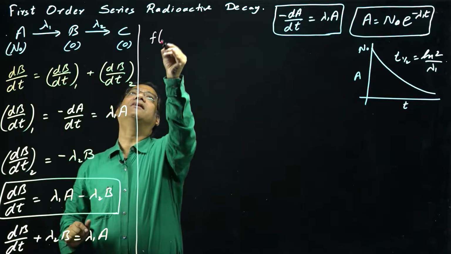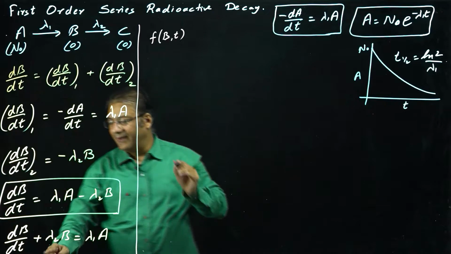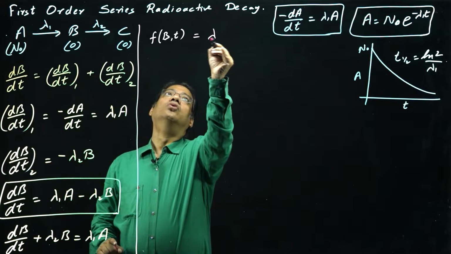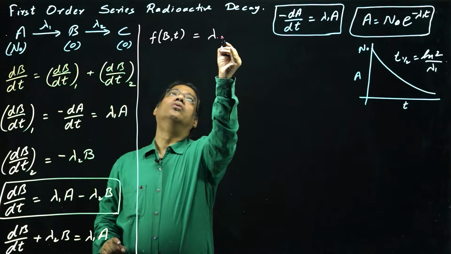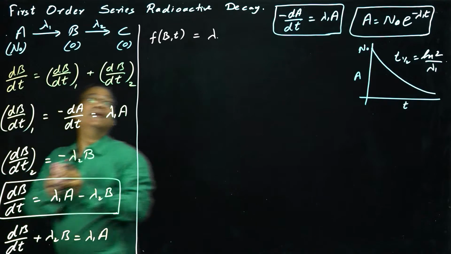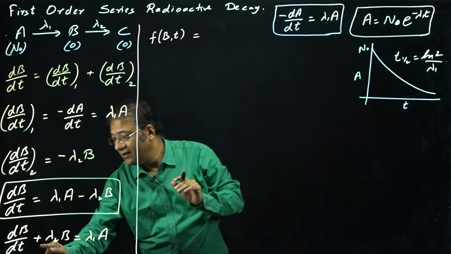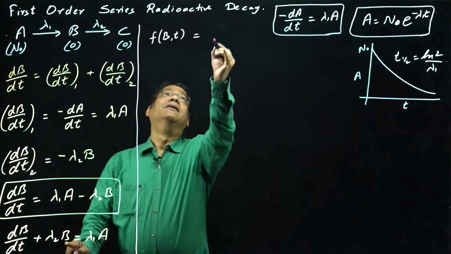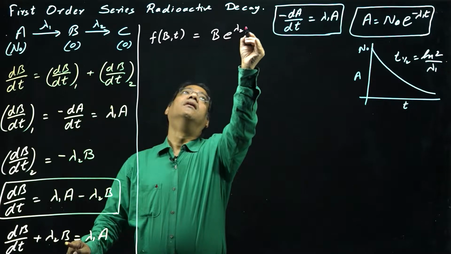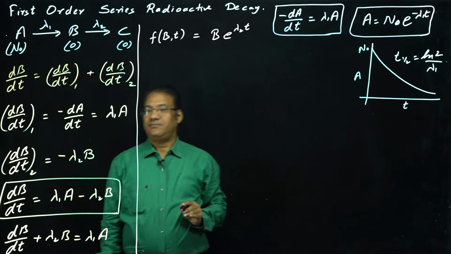A function in terms of b and t, where b is a variable and time is a variable, is equal to b e^(λ2 t). See this? This is λ2 and b. Now observe this function.